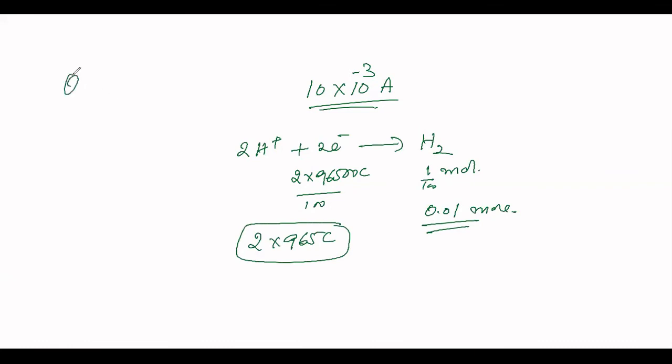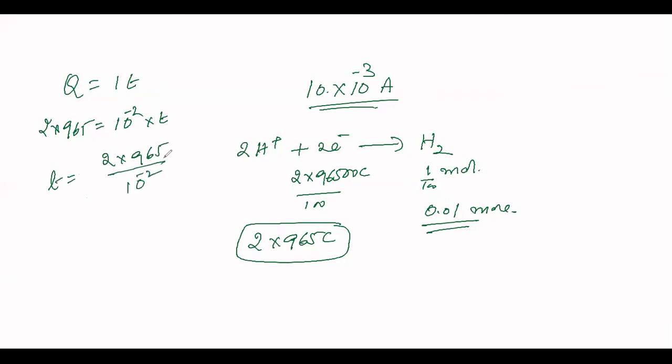So now you substitute. Q is equal to I into T. So 2 into 965 should be equal to 10 milliamperes, which is 10 into 10 to the power minus 3, that is 10 to the power minus 2, into time T. So T should be equal to 2 into 965 divided by 10 to the power minus 2.